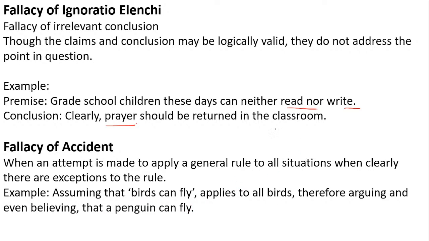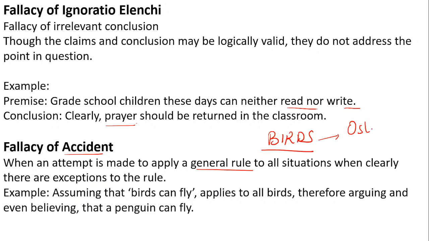So although we know that birds can fly, if we say penguin can fly, this is wrong. What is wrong here? This is a fallacy of accident, because in the general rule there is an exception. What is the exception? That all birds can fly. This is true, but there are so many birds who can't fly.